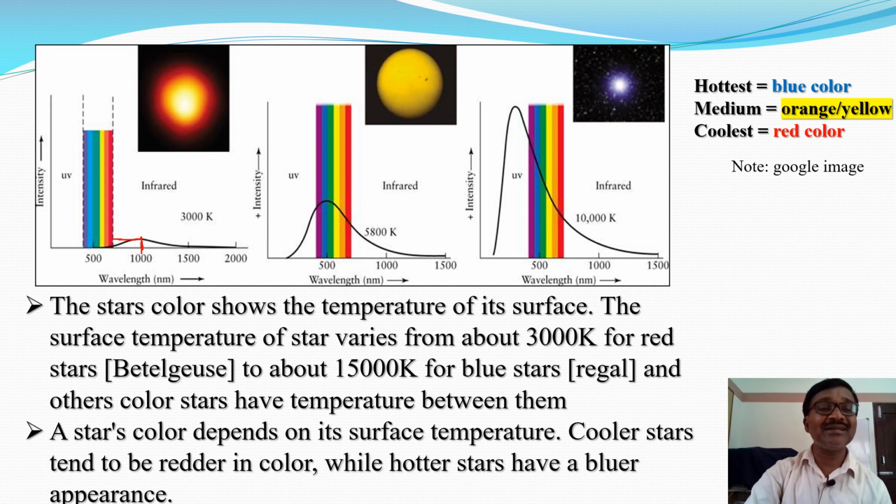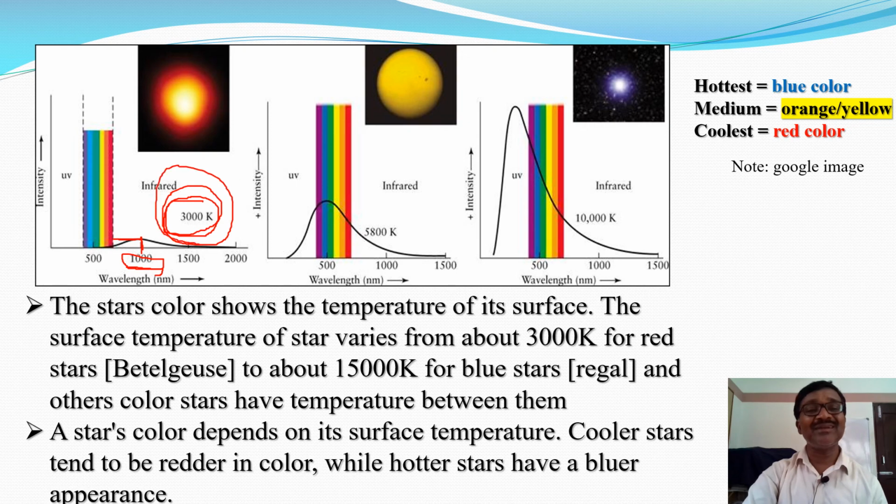This is the most intense radiation reaching the earth's surface by this color. This is about 1000 nanometer. When you put this 1000 nanometer in that last equation, we get 3000 Kelvin surface temperature for this star. Therefore, this is red in color.